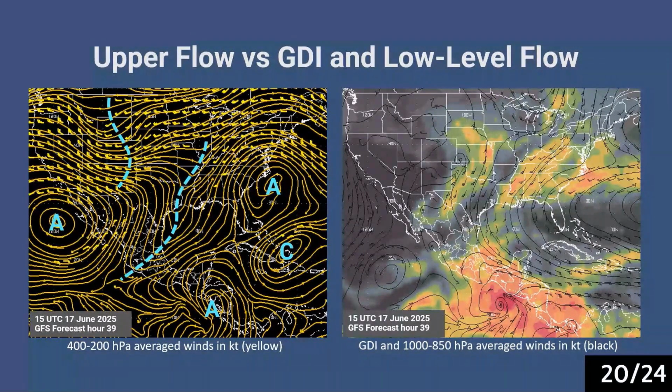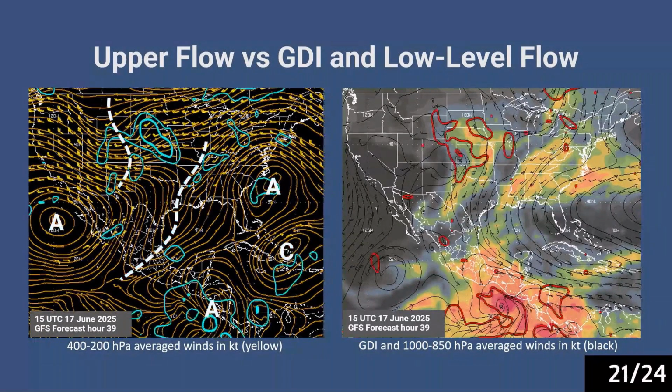So this is a region where you will likely have low-level convergence, right? You're ahead of the trough, looking here on the left, and then you're in a region of low-level convergence. So the dynamics are favorable for more convection here than if you were, say, in North Texas. So the dynamics are very, very important. So what I'm going to do, I'm going to go a little bit further, and then what we have plotted here is a low-level convergence.